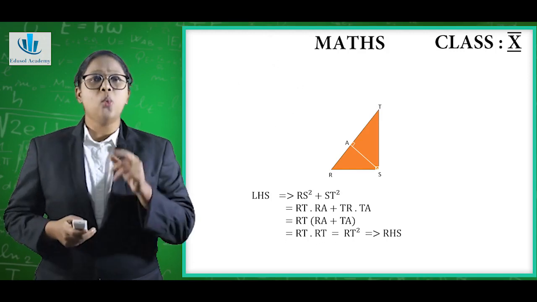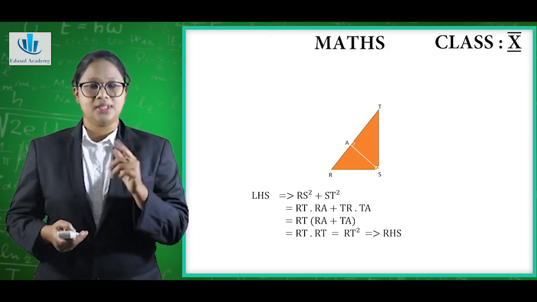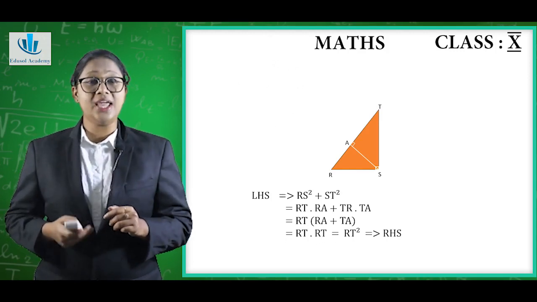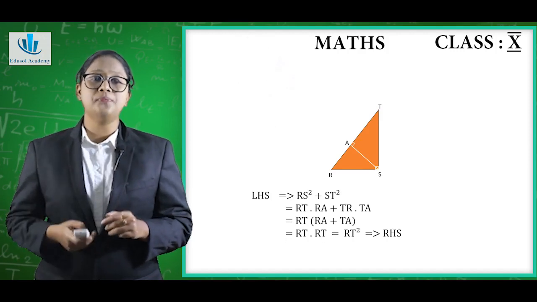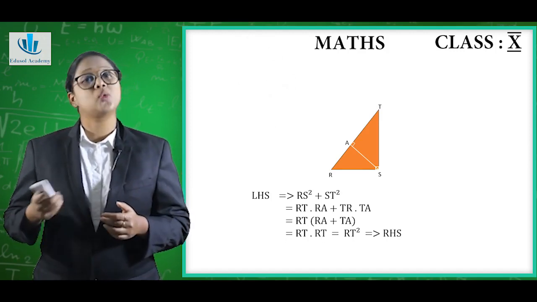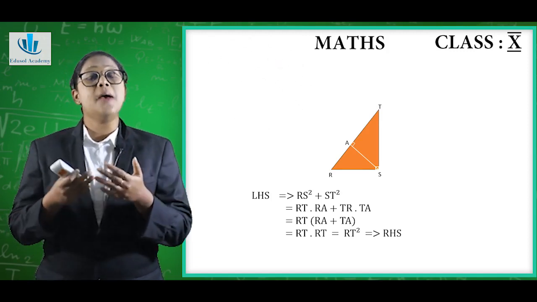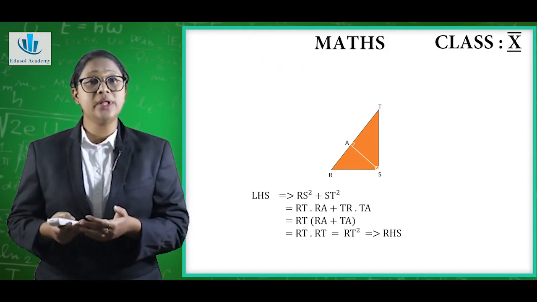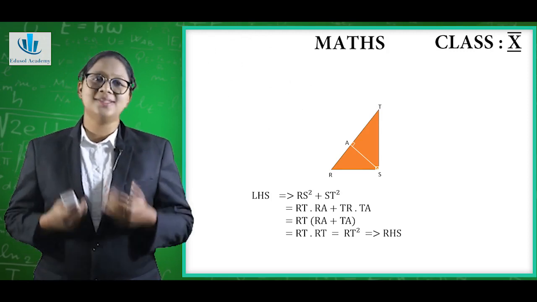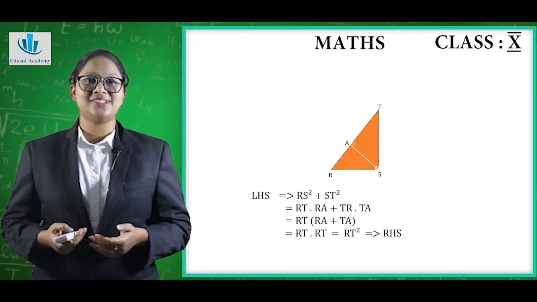And from the figure, what is RA plus TA? That's right, it's RT. So we get RT into RT, which is equal to RT square. So we have got that RS square plus ST square is equal to RT square, hence proved. That's it for Pythagoras theorem.